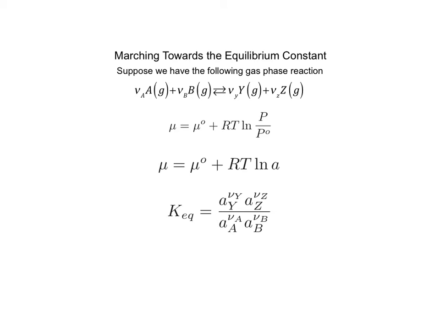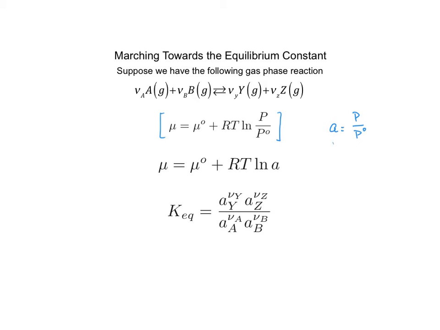So if we say that this, and it really came from that reference state, that P naught came from this definition of the chemical potential, where the chemical potential is the reference chemical potential plus this correction term of RT ln P over P naught. Now, if we were to want to define something simpler than P over P naught, because as you saw, that gets complicated to write, we can say that this term A is equal to that P over P naught term.